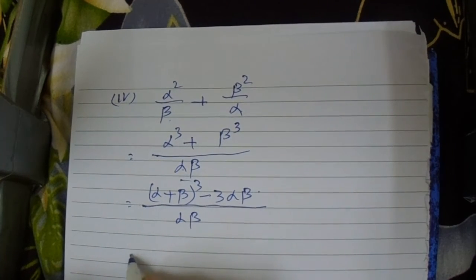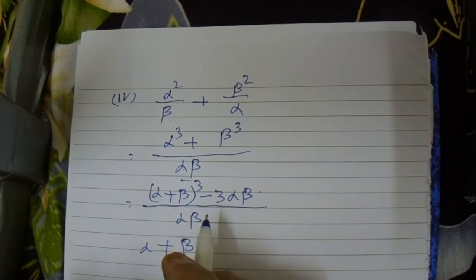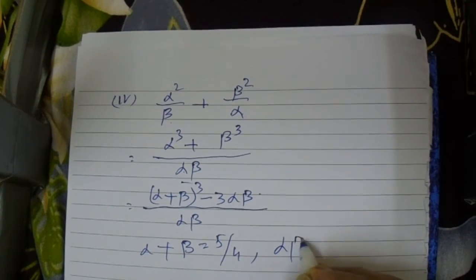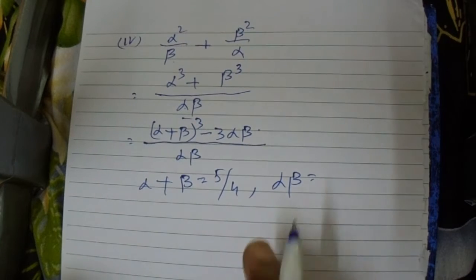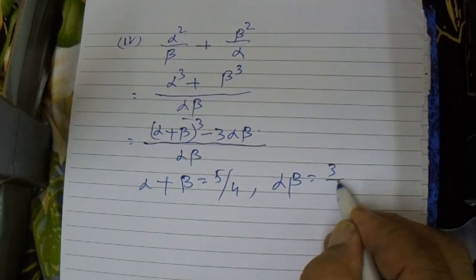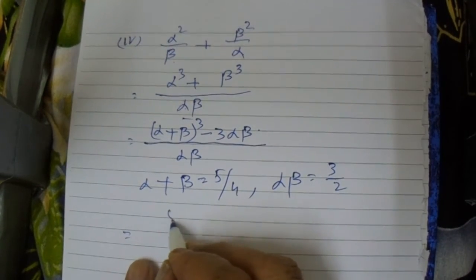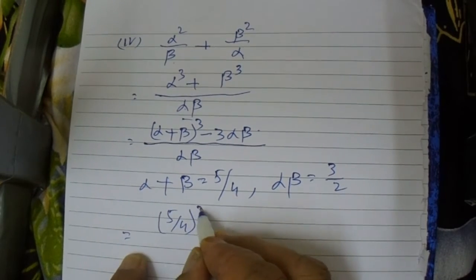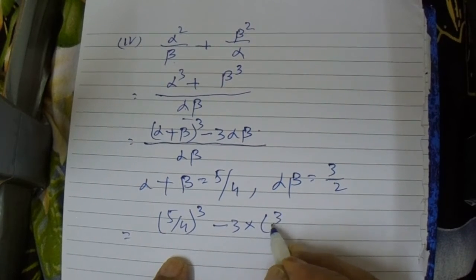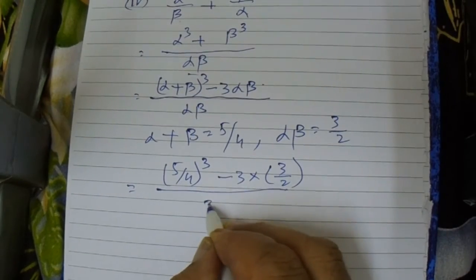We know that alpha plus beta is equal to 5 by 4, and alpha into beta is equal to 3 by 2. Now put these values in this: 5 by 4 to the power 3, minus 3 multiplied by 3 by 2, and in the denominator alpha beta, 3 by 2.